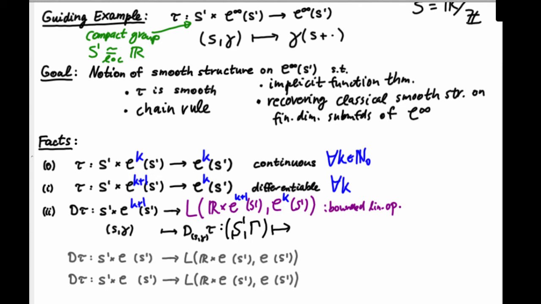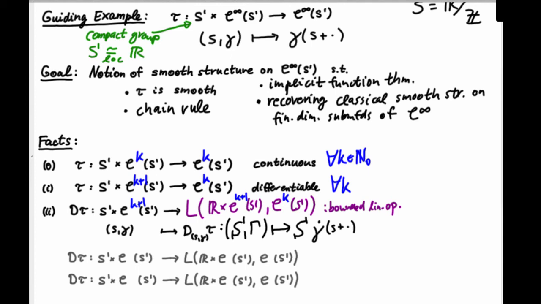If I add to little s and then differentiate, I'm picking up a derivative of gamma. So it's going to be gamma dot, and that gets multiplied with the real number S. And when I vary gamma, that's beautifully linear.